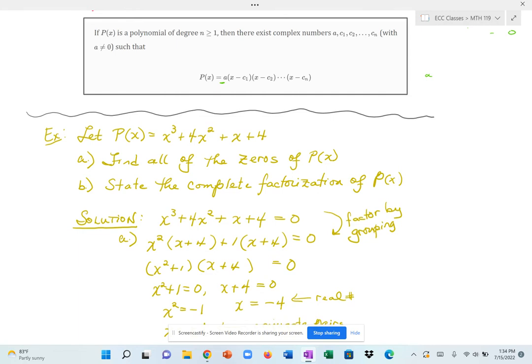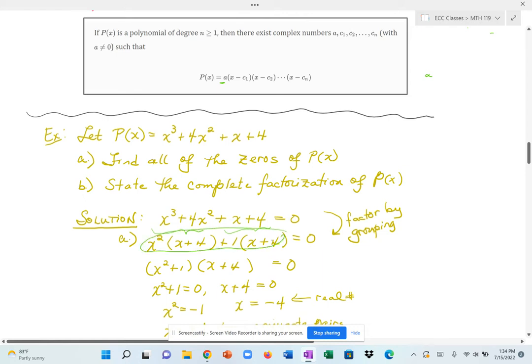I factored out an x squared from these two, and then I factored out a 1 from these two. So on the next line, I get x squared times x plus 4, and then I get 1 times x plus 4. The common factor for these two products is x plus 4, so I wrote that, times what was left, and that's the x squared and the 1. So x squared plus 1.